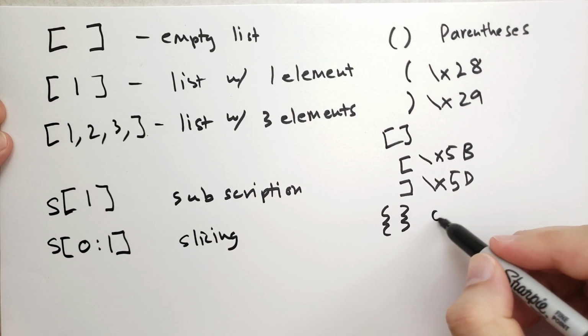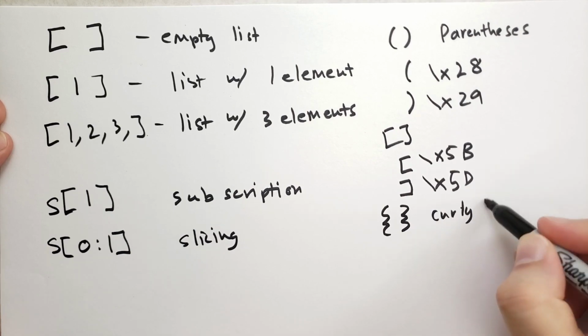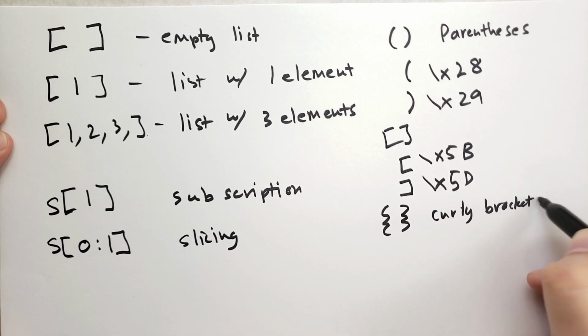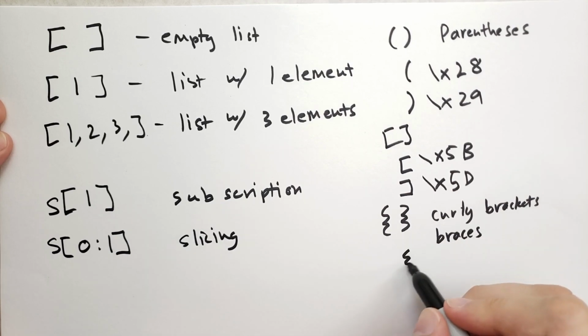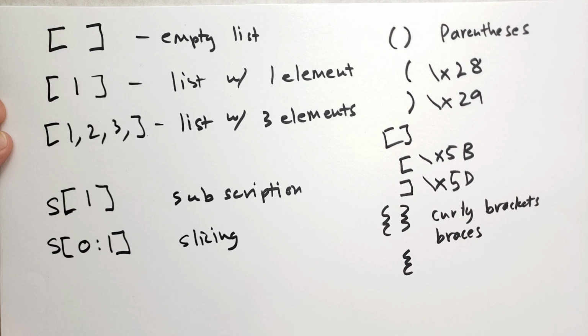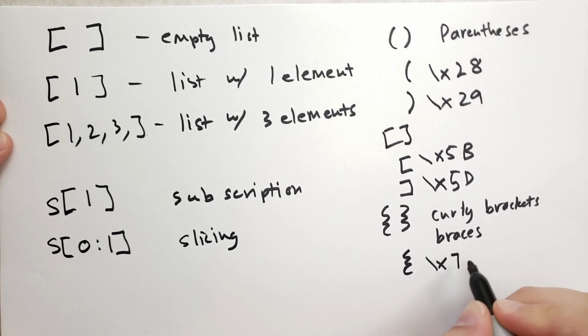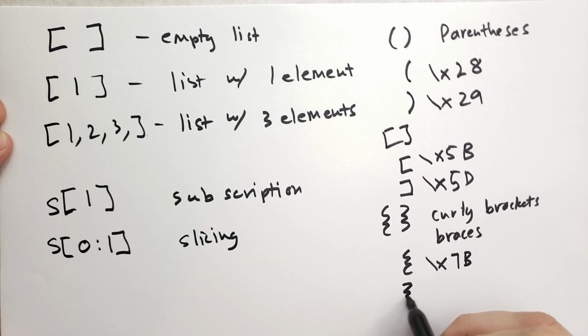Okay, so these are curly brackets. You might hear squiggly brackets. In America, we call these braces. So we have the left or opening curly bracket. That's going to be code 7b. And the right or closing curly bracket, or the right brace, is called 7d.